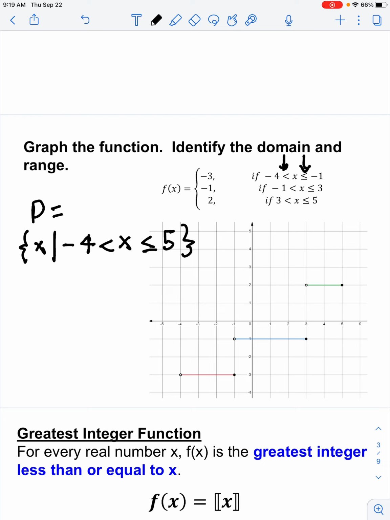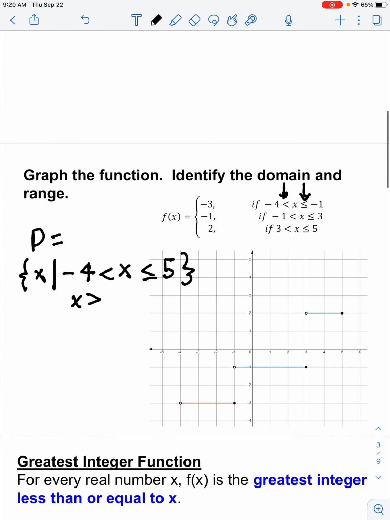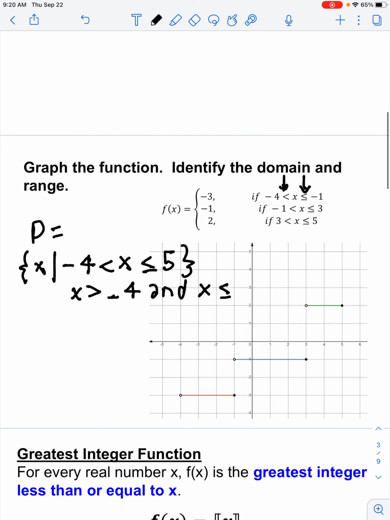So really we're saying x is greater than -4, but less than or equal to 5. It's an and if you separate those two inequalities and write it as x is greater than -4 and x is less than or equal to 5.